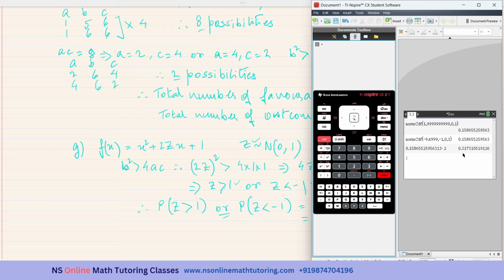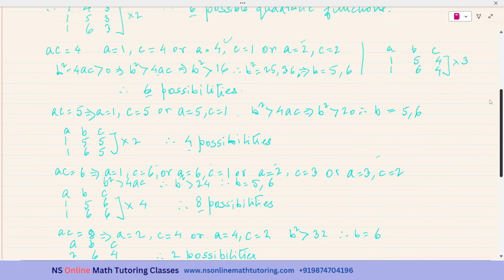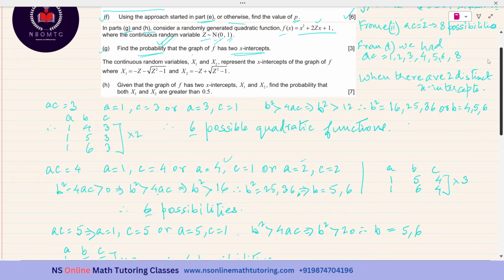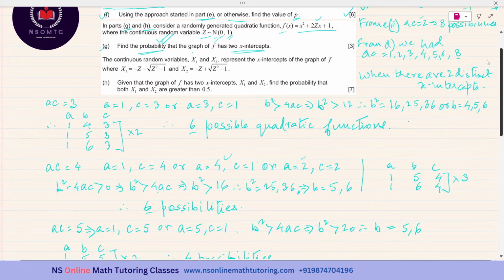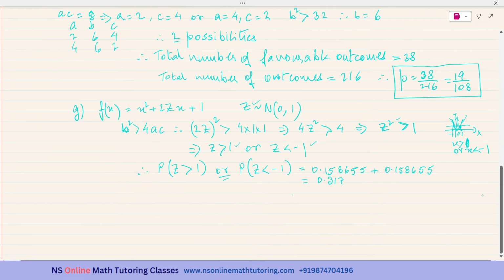Correct to 3 significant figures, I can take 0.317. Most probably, did they say anything about how many digits I have to take? No.